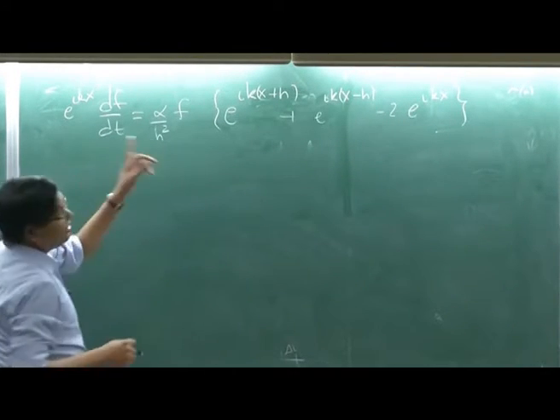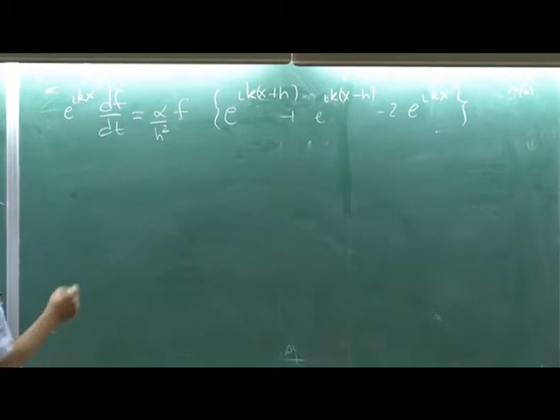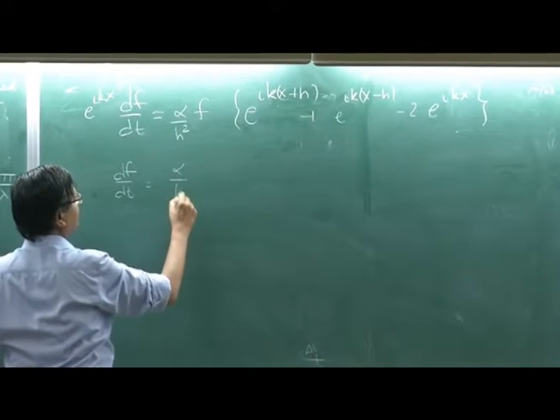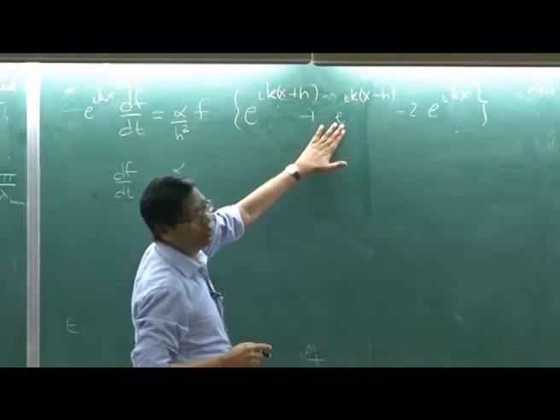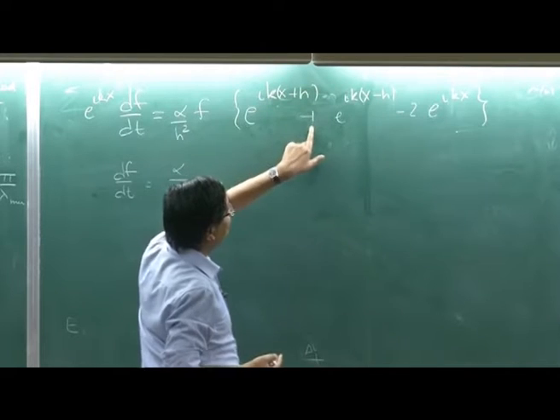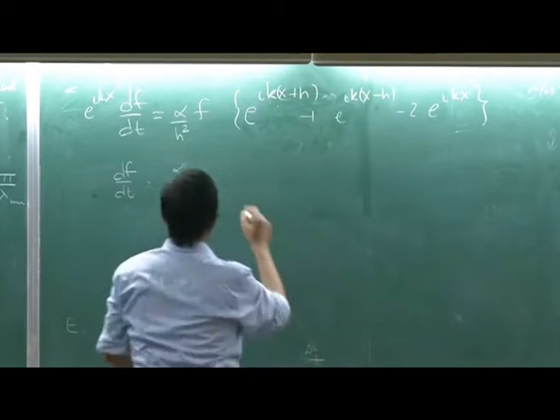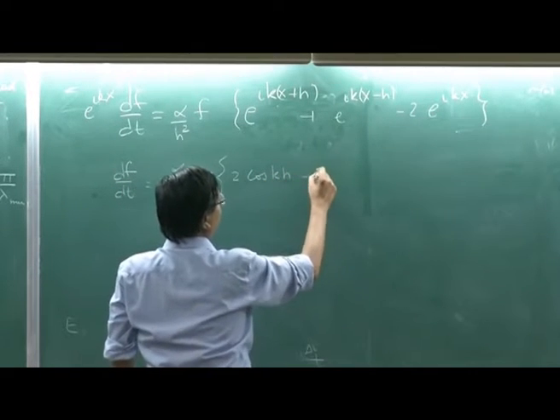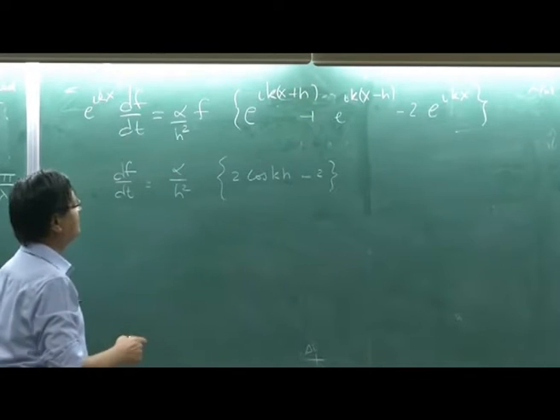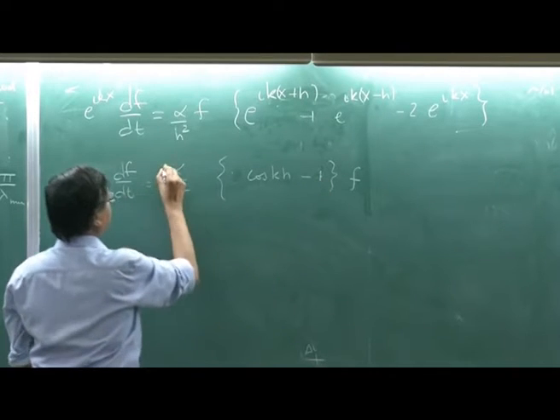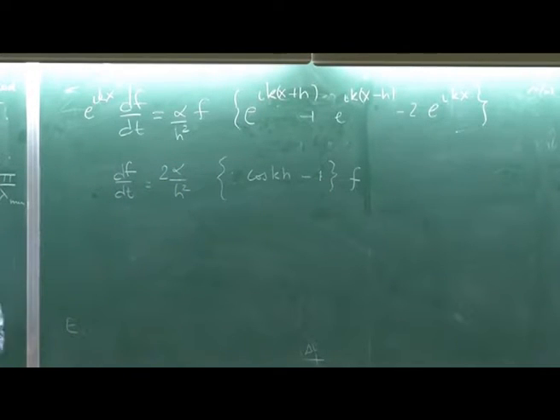Let's take e to the power i k x common on both sides, and that cancels. So df by dt is alpha by h squared times, now this is going to be 2 cos kh, since e to the power i kh plus e to the power minus i kh is 2 cos kh, minus 2. So e to the power i k x got cancelled and there is an f here. So df by dt looks like this. Convert it to ODEs, and we know how to solve ODEs.